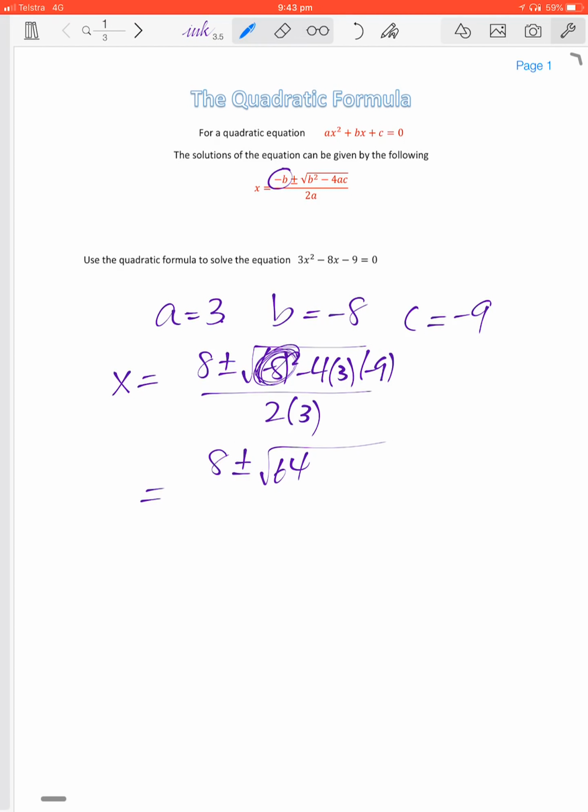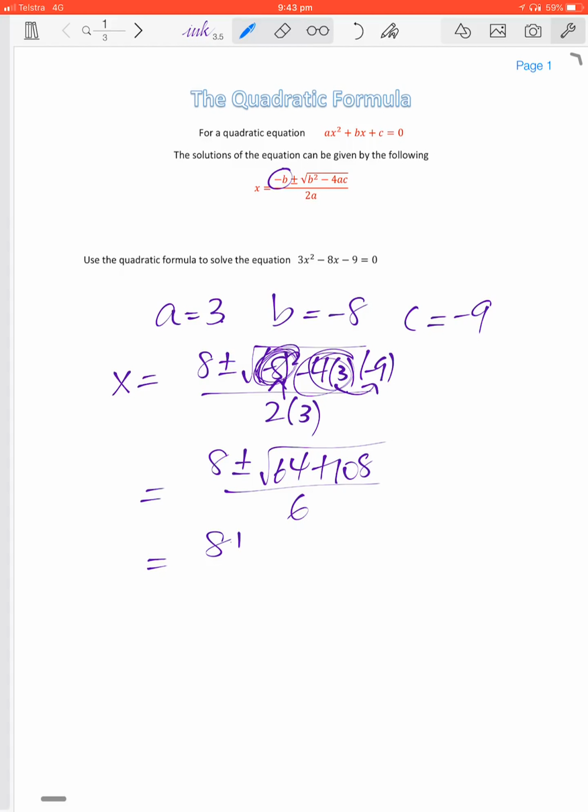So don't forget, this will always become positive. There's no reason it would be negative, because whenever you square something negative, it always becomes positive. Then I've got 4 times 3, which is 12, then times -9. So -12 times -9 is plus 108, all on 2 times 6, which is 2 times 3, which is 6.